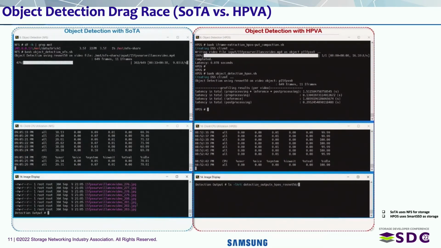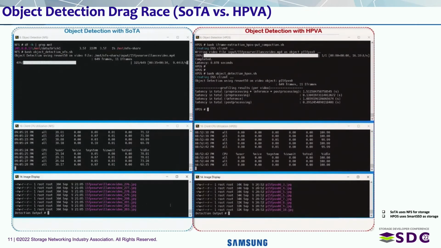Since on the right side the model and inferencing are already done, you already have the inferenced images. On the left, that is still happening. So you'll see when it's finished.